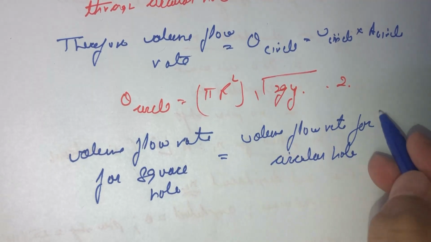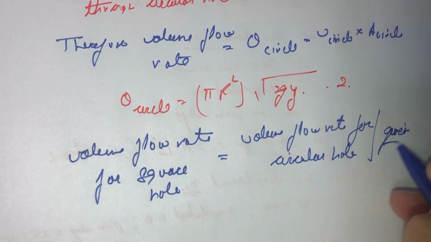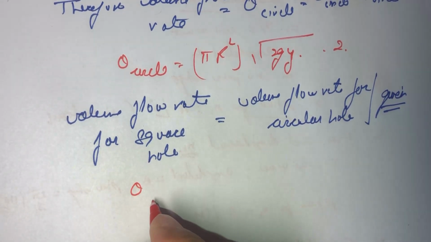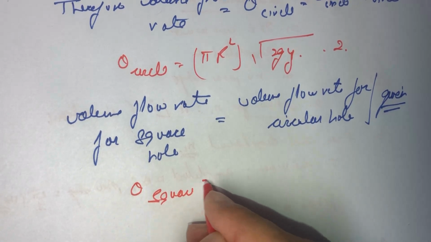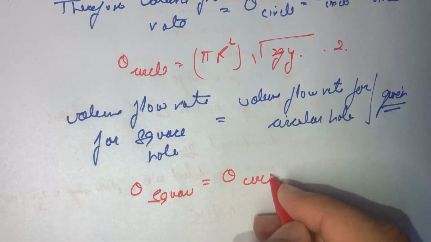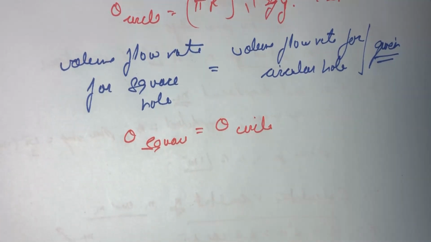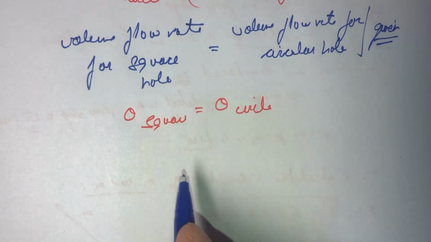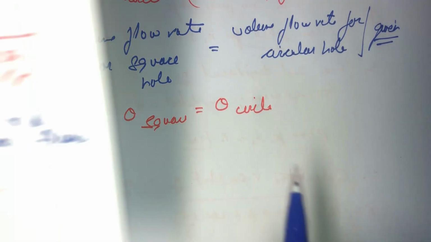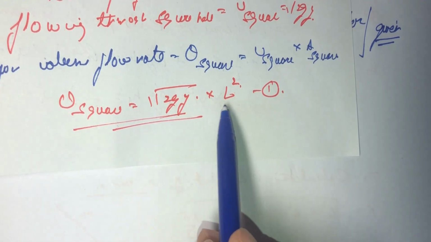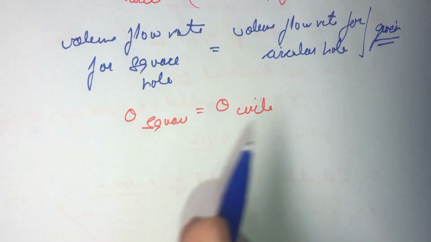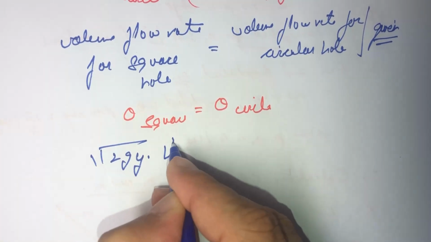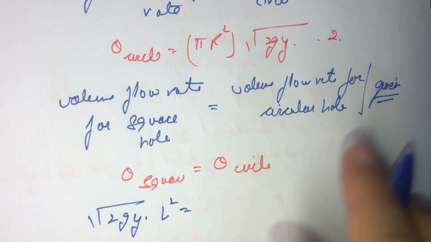So this is given to us. So we can say our q square is equal to q circle. Let us substitute the value. Our q square was square root of 2gy into L square. So we write square root of 2gy into L square is equal to q circle. This is equation number 2.